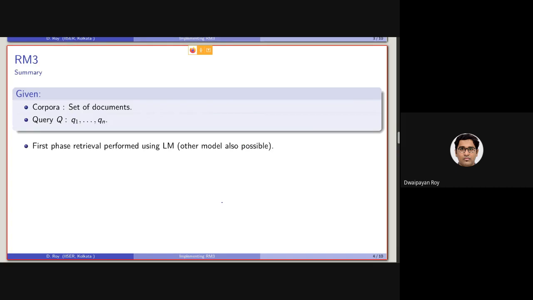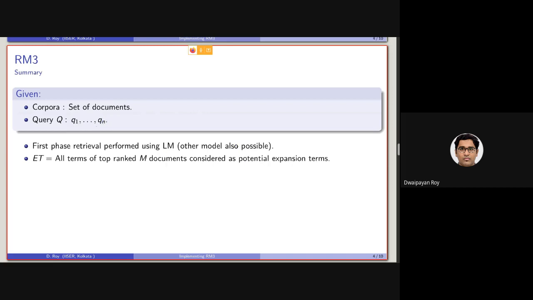So in sum, for RM3, given a corpus, a set of documents, and a query having, say, a number of terms, in the first step we perform a retrieval using a language model or any other retrieval model.